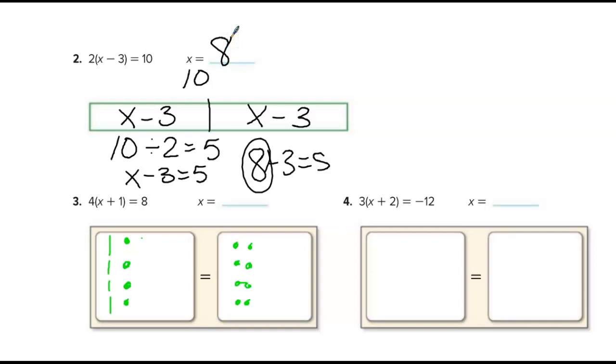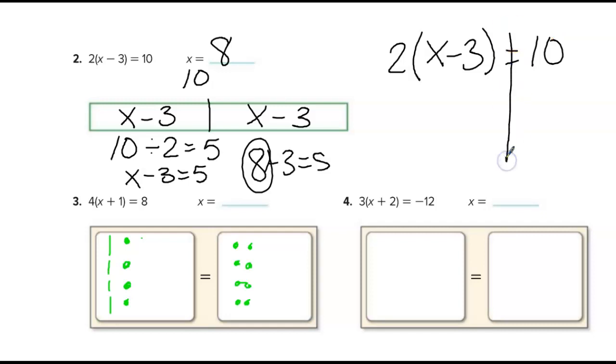Okay, well, if we're talking about that and how we do this algebraically, we have 2 groups of x minus 3 is equal to 10. And we have 2, and that's multiplied to x minus 3. So doing the opposite operation, I would divide by 2, divide by 2. I would be left with x minus 3 equals 5.